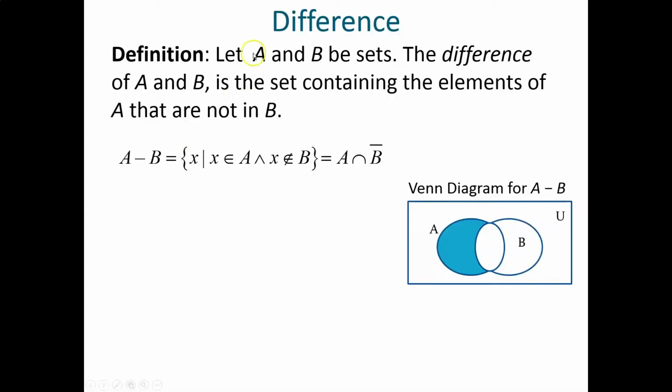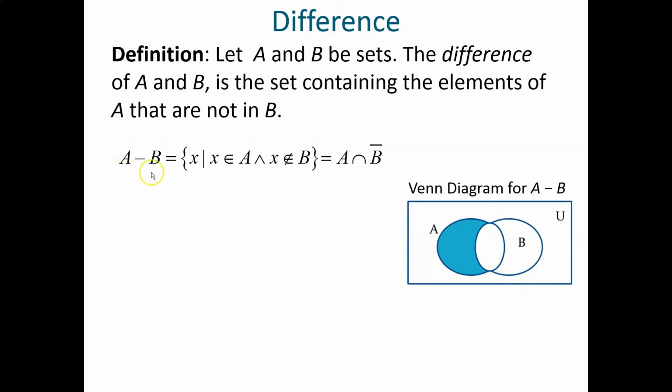Last set operation we are going to look at is difference. So here's the definition. Let A and B be sets. The difference of set A and set B is the set containing the elements of set A that are not in set B. This is like a normal subtraction question.